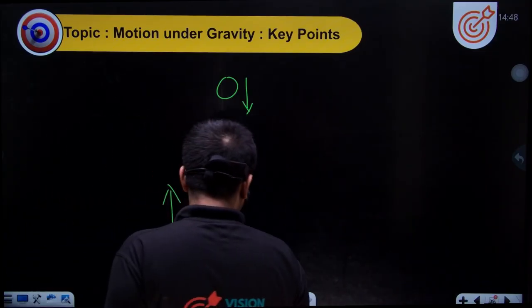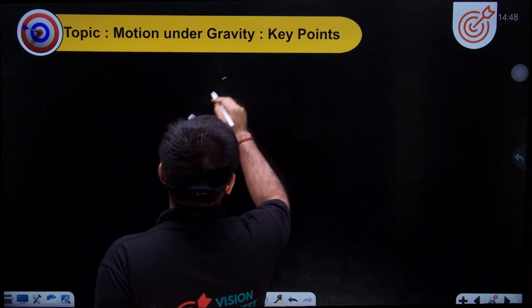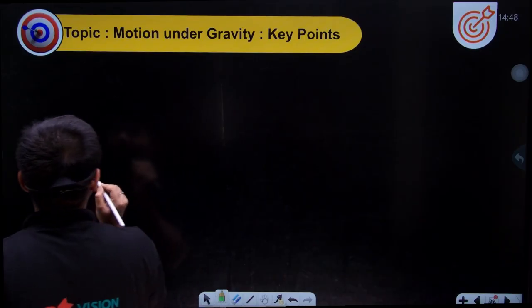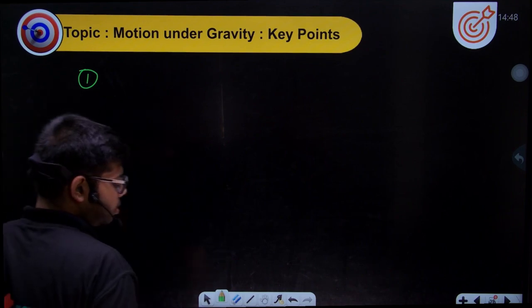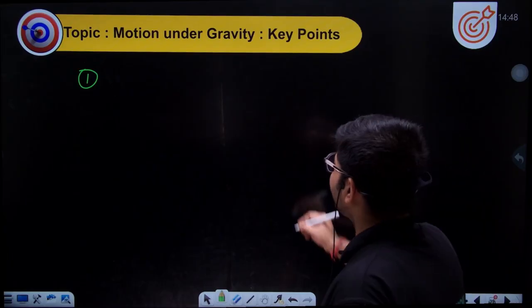Okay. And apart from these two, there are some other key points as well that we would like to discuss. One very important point is that suppose you are throwing something from a height.